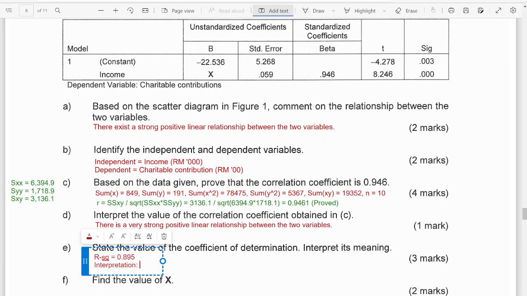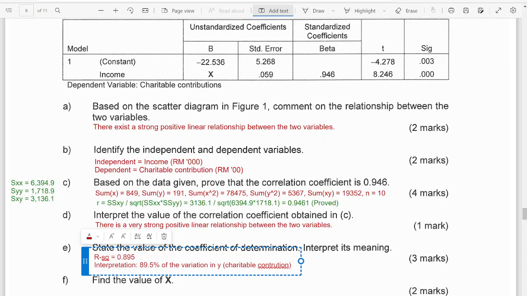So you can just say 89.5% of what? 89.5% of the variation in Y. So Y itu apa? Okay, the variation in Y. So in this case, Y is the charitable contribution, right?